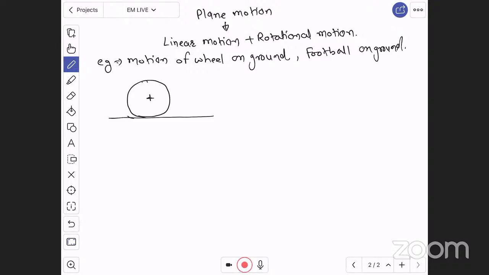Let us say the center of the wheel is at A. A is my center of wheel. Now, let us say this wheel is rotating in clockwise direction with angular velocity omega. Here, omega is the angular velocity of the wheel in rad per second.